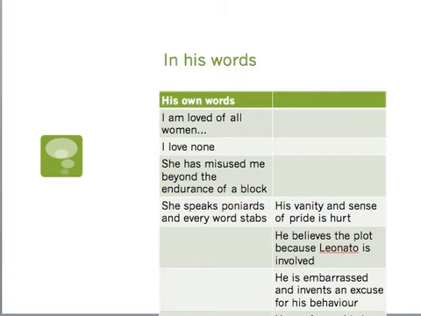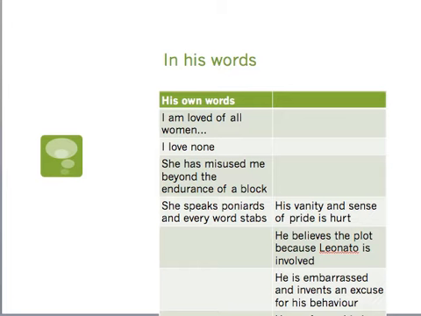The idea that he has been misused beyond the endurance of a block, the idea that she speaks poniards and every word stabs, suggesting that he's a much more sensitive man than he perhaps would like to admit. He dresses up his hurt feelings in these metaphors, but it suggests that there's a lot more sensitivity there.